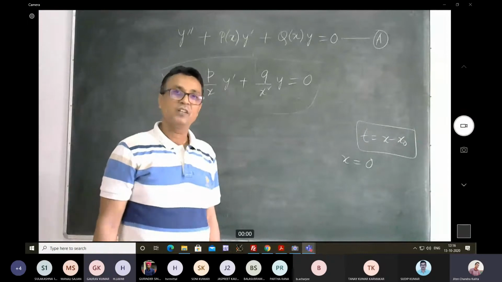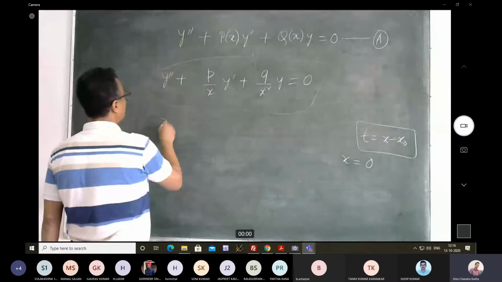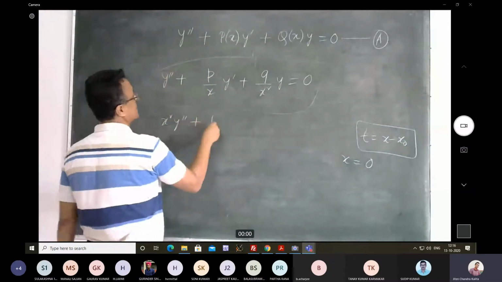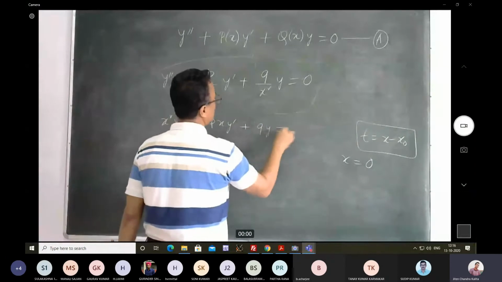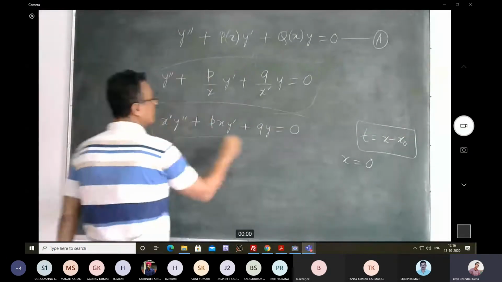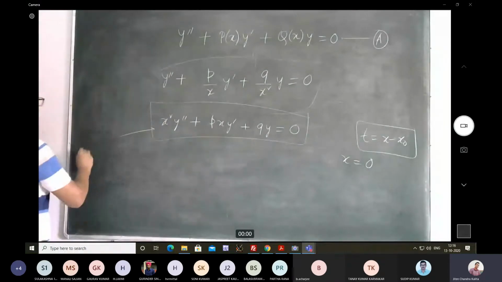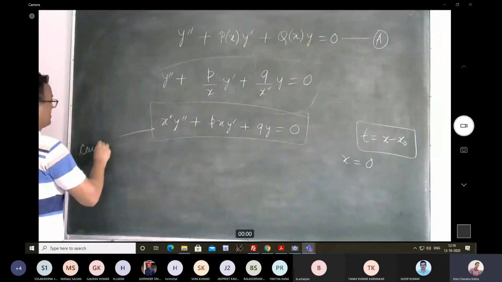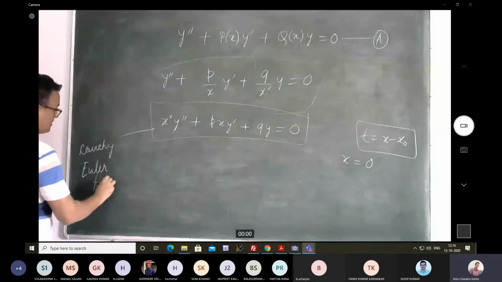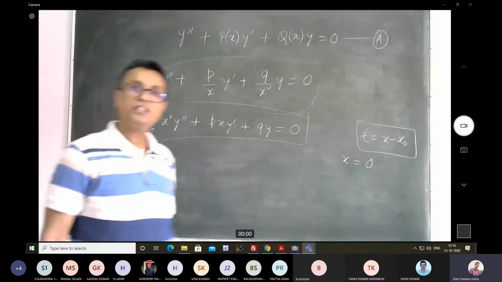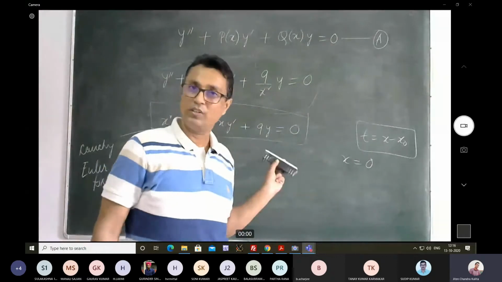So now, as you know, this could have been put in this form: x squared y double prime plus p x y prime plus q y equal to 0. So obviously this is in Cauchy-Euler form, and you can easily solve it. Is it okay with everybody? Right? You can easily solve it.